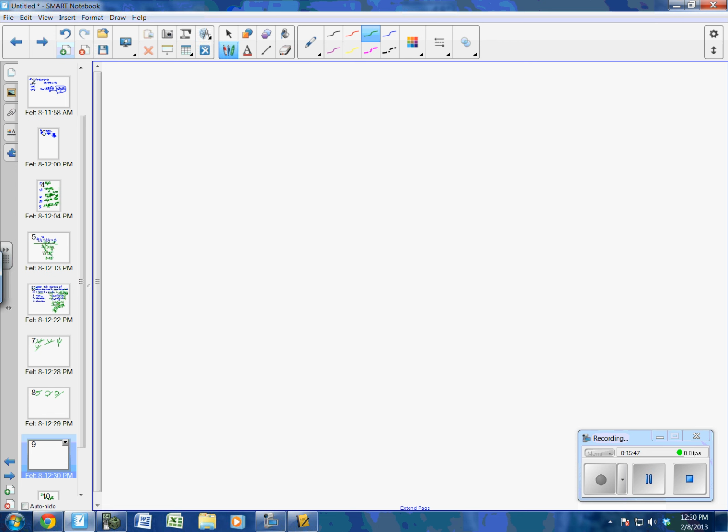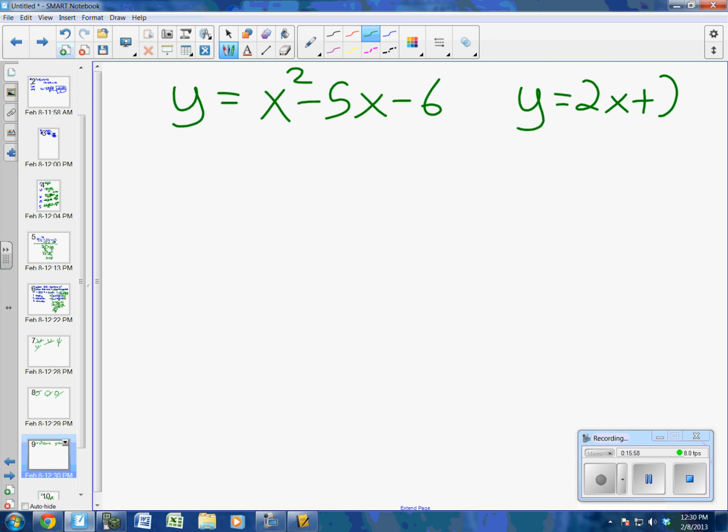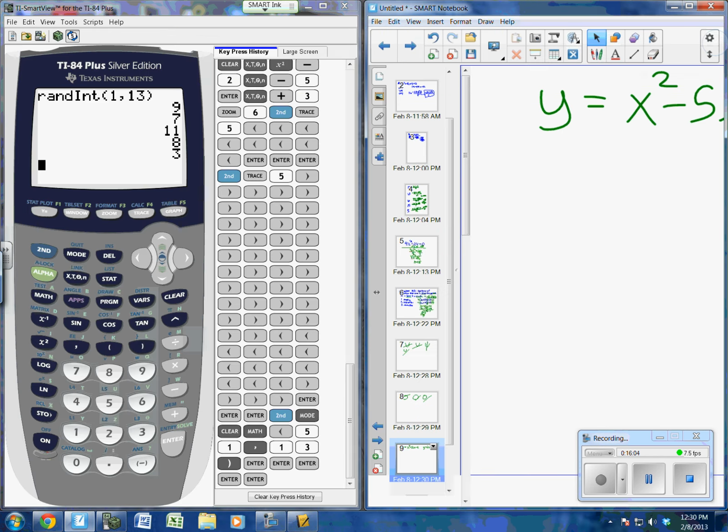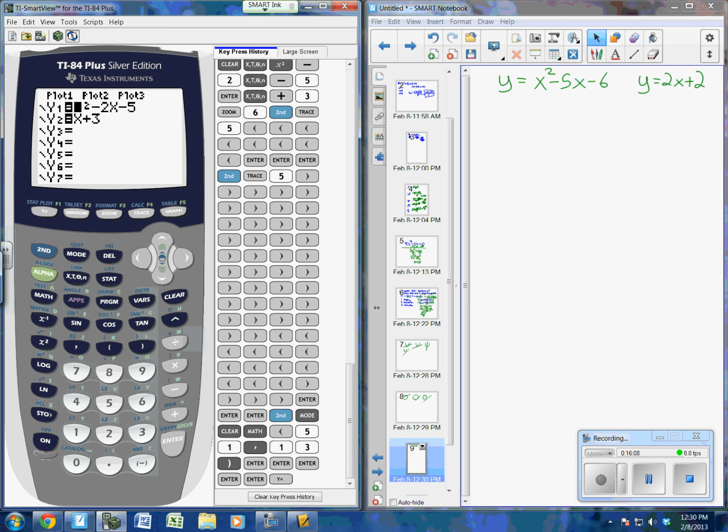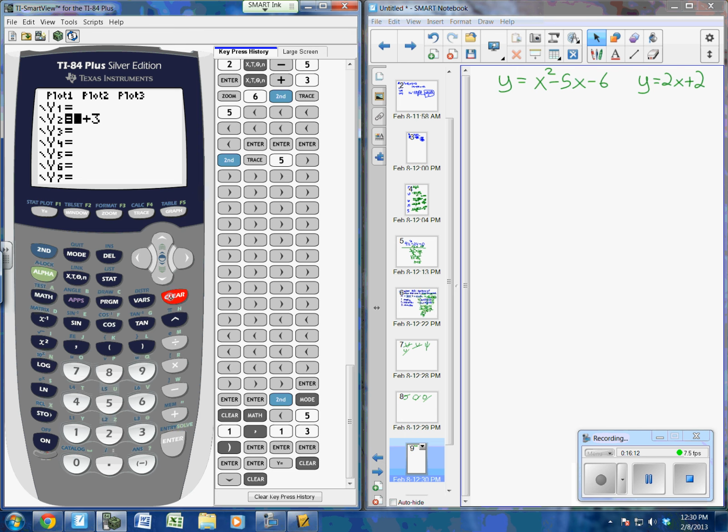Okay, here we go. This one right here. y equals x squared minus 5x minus 6, and y equals 2x plus 2. I would like everybody to go to your calculator, go to y equals and clear everything out.